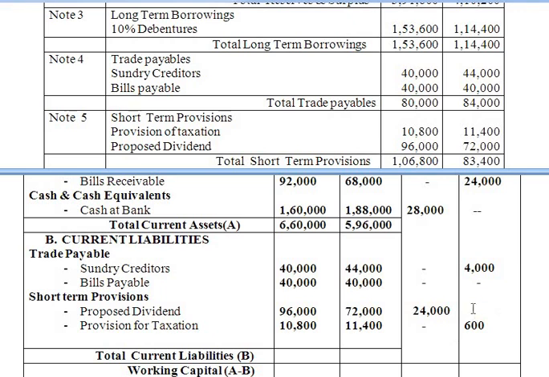Okay, so we have only these two current liabilities, trade payables and short term provisions. Okay, now we can make the total of current liabilities.